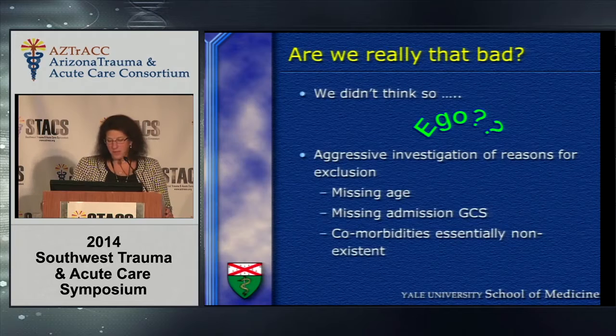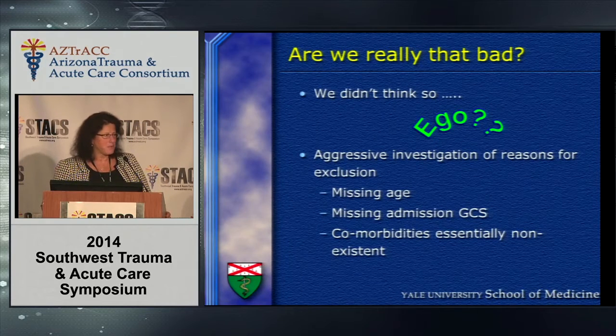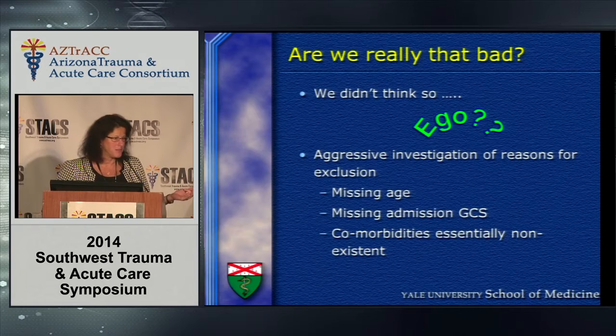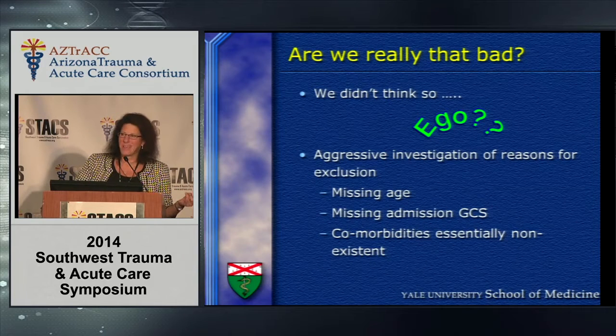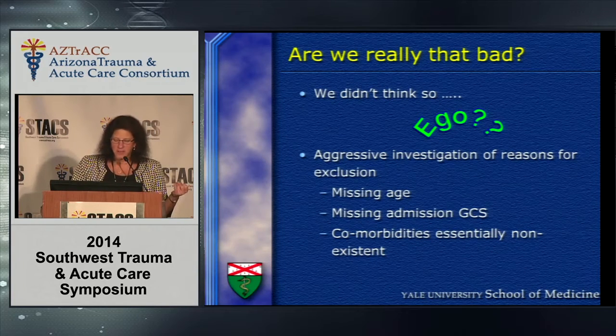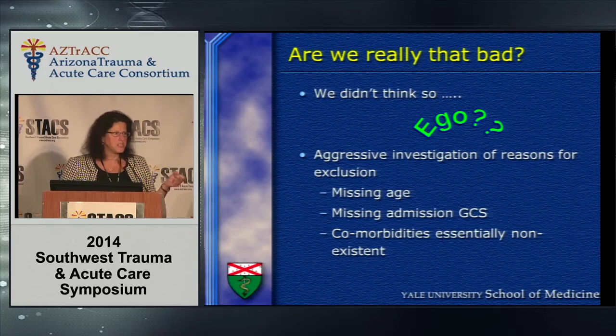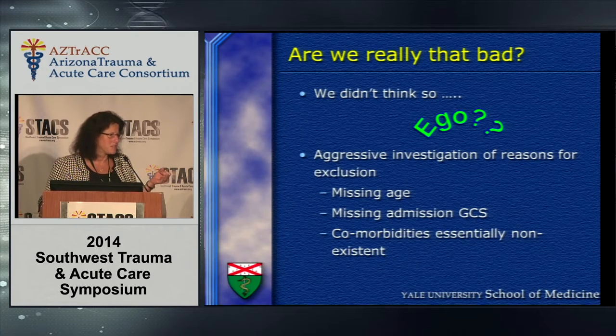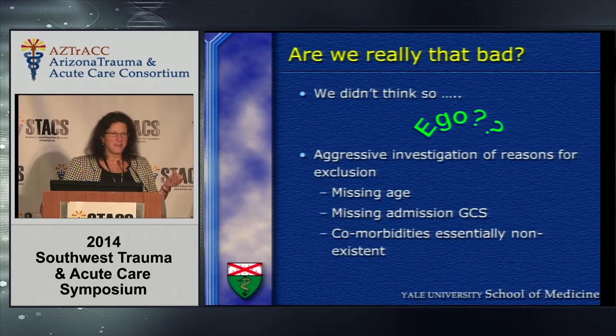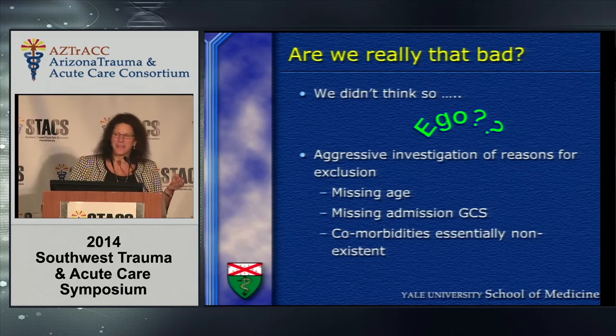Yay. So we said to ourselves, are we really that bad? Our mortality rates are lower than average. We didn't think so, so we actually did an evaluation of the type of data that we were submitting to TQIP, and we discovered that we were missing age on some of our patients. We were missing admission GCS, which is an extraordinarily important risk stratifier, and we were not coding any comorbidities.